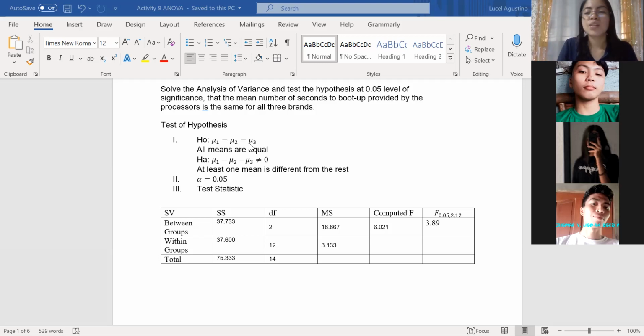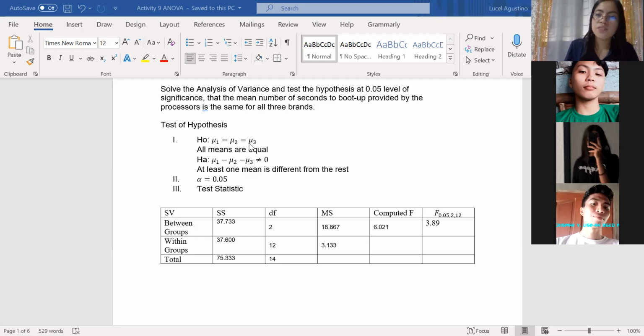For the alternative hypothesis, we have mu1 minus mu2 minus mu3 is not equal to 0, meaning they are not equal, because if they were similar it should be 0. So at least one mean is different from the rest, regardless of whether only one or two are different. As long as one mean has a different performance.